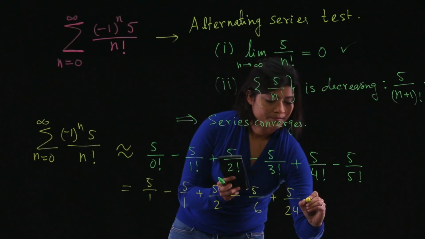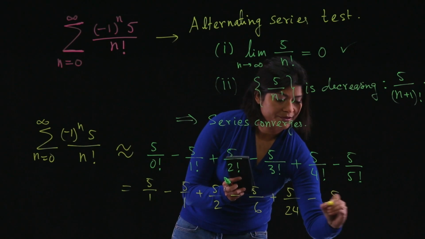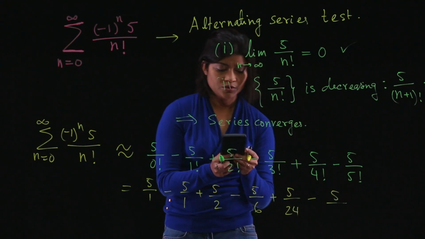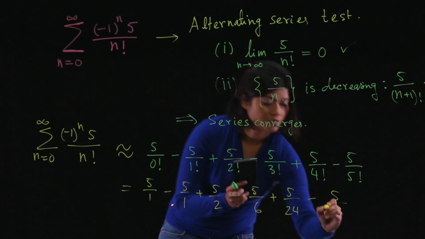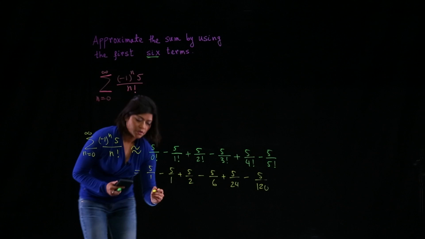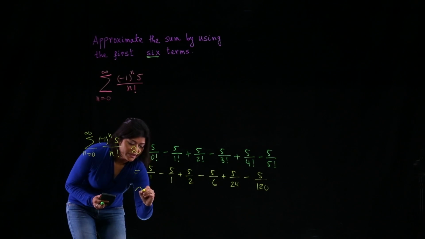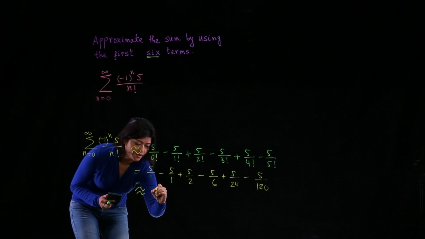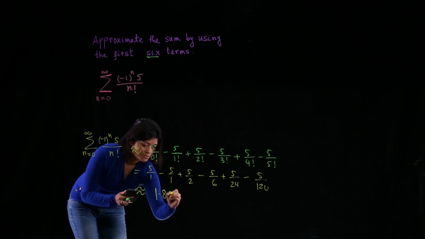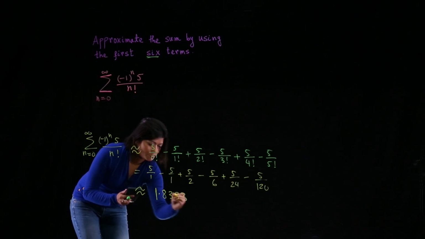And the last term, minus 5 divided by 5 factorial, will be 5 times 24, which is 120. Okay, so the approximate sum is 1.8333.